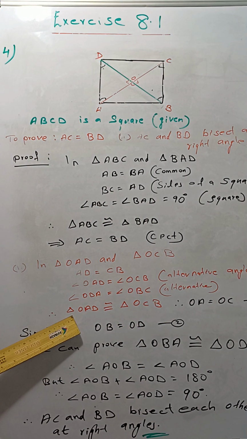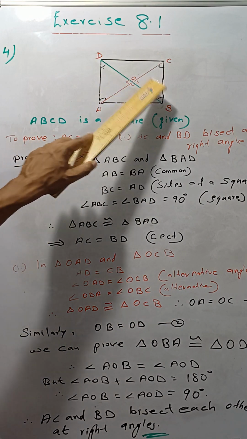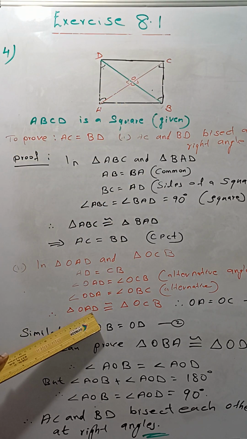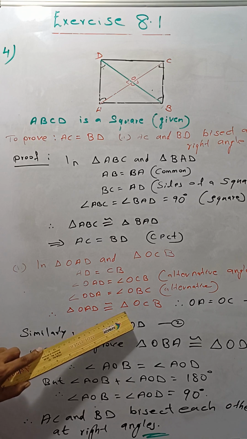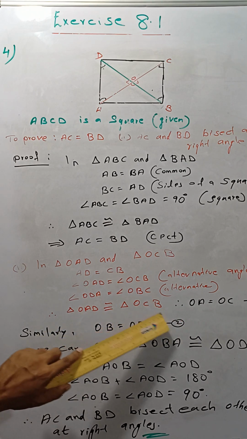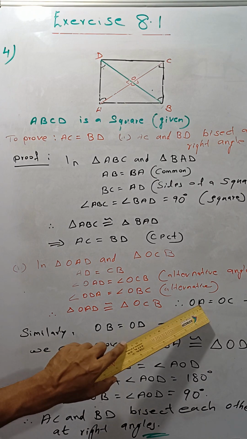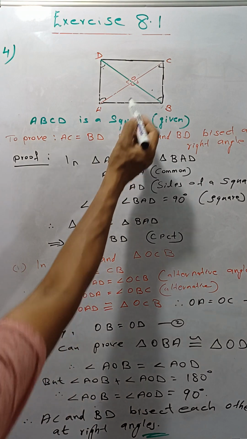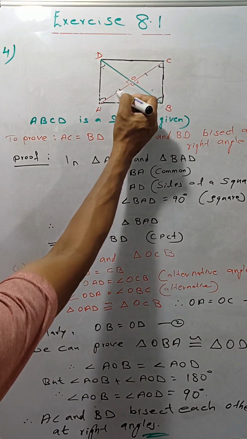Therefore, we can say these two triangles are congruent. Triangle OAD is congruent to triangle OCB. From this congruence, we can write OA is equal to OC.